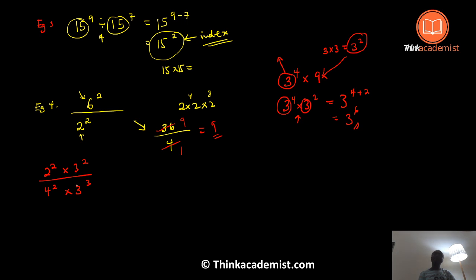I can have 3 as my base number because I have both of them there. I have 2 as my base number, and here I have 4 as my base number. They are not the same, so you can't really do anything to it. And if you want to go this way too, they are not the same. So rather concentrate on getting the pair which is dividing each other. If I want to do this, it means this is my smallest base number. Let me rewrite this so that you can see well.